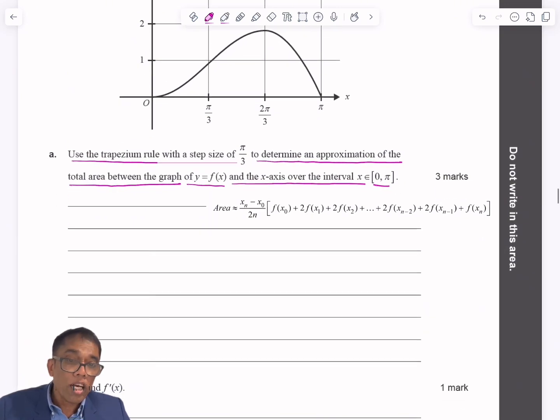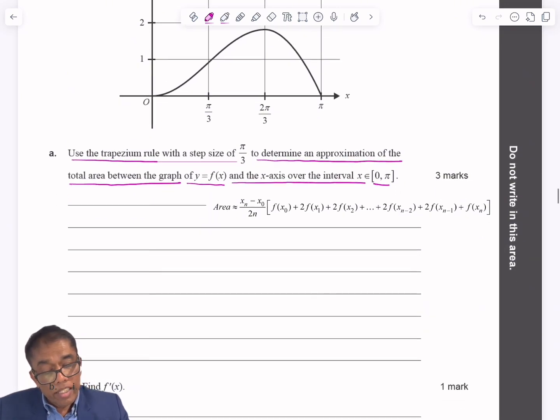According to the formula sheet, the trapezium rule is given by this formula, where xn minus x0, the total length, is pi minus 0, which is pi.